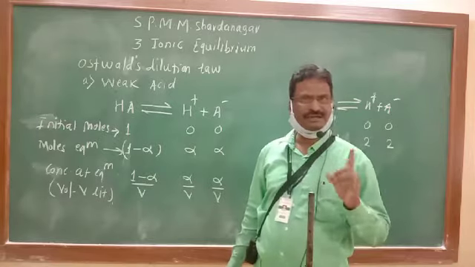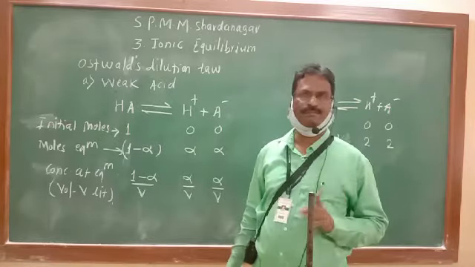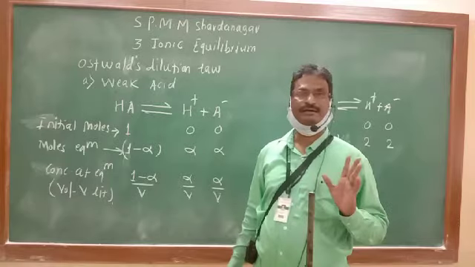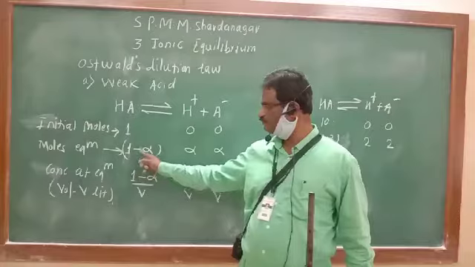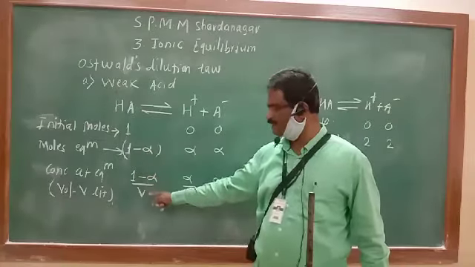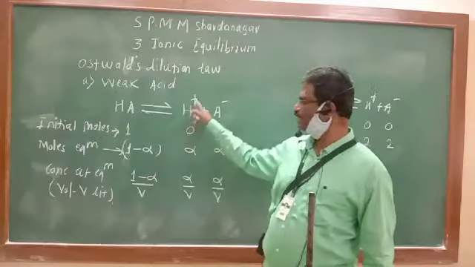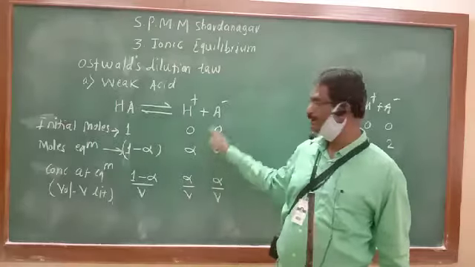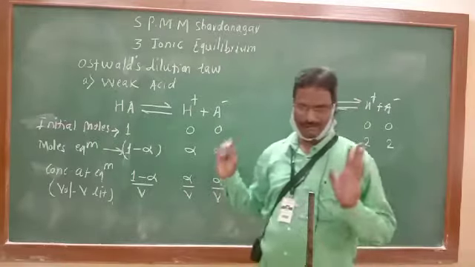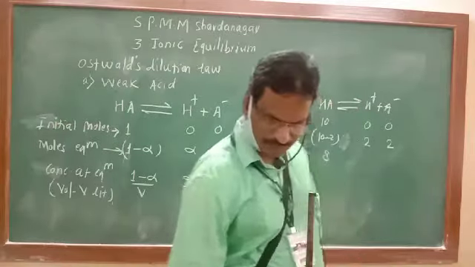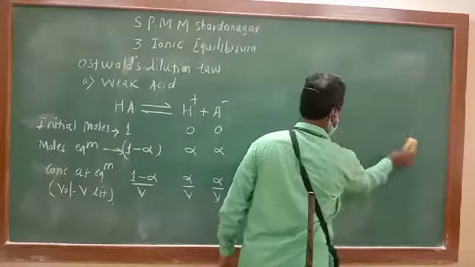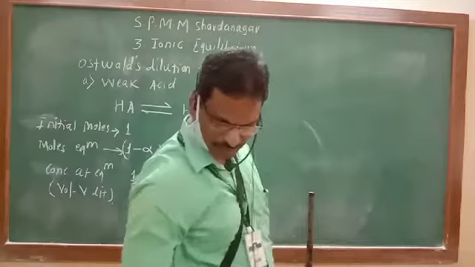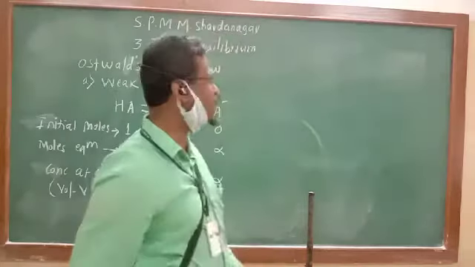Concentration is nothing but the ratio of number of moles present in the given volume. So at equilibrium, the concentration of weak acid is 1 minus alpha upon V. That of H plus is alpha upon V, A minus is also alpha upon V. Once we know this data, we can easily obtain the expression for Oswald dilution law.